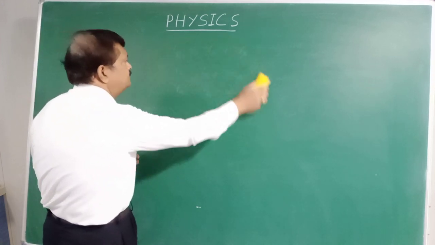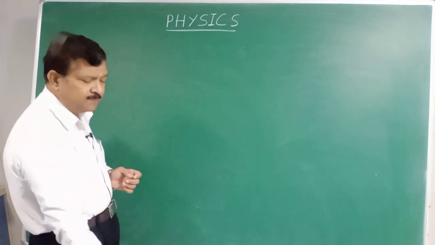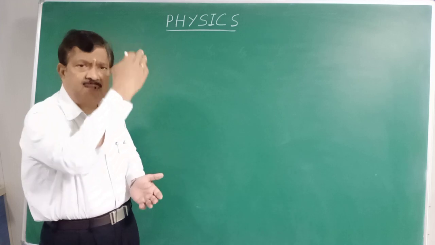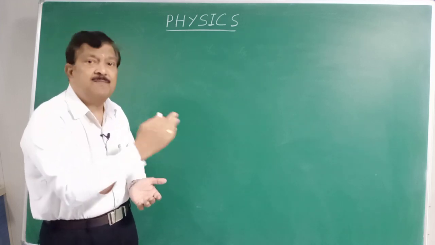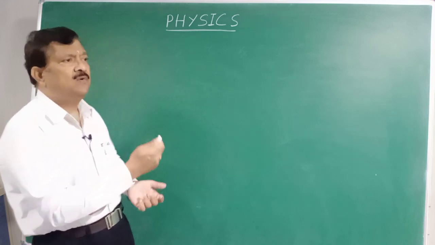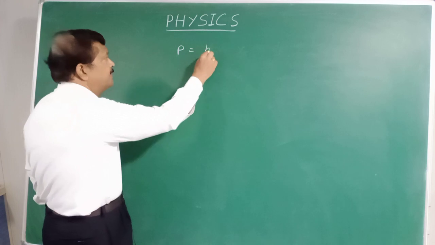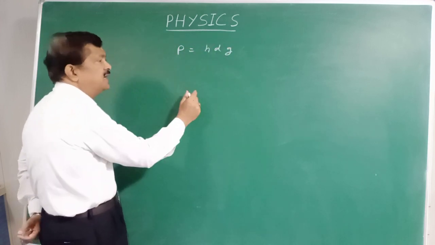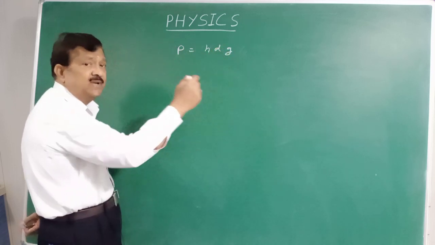Generally, we use a barometer to measure the atmospheric pressure. There, we measure the length of the mercury column. The height of the mercury column measures the atmospheric pressure. As we know, the pressure of a stationary liquid column is represented by the equation hdg, where h is the height of the liquid column, d is the density, and g the acceleration due to gravity.